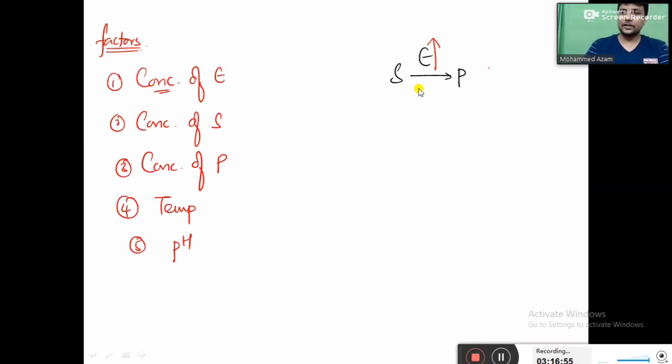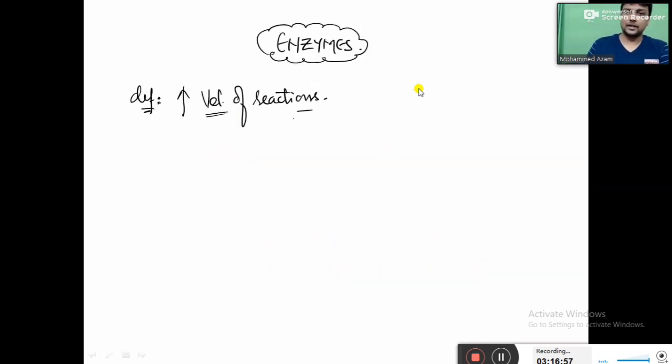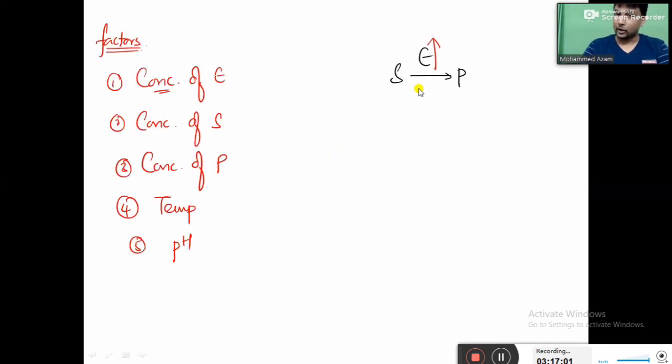From the definition itself, an enzyme is a substance which increases the velocity of the reaction. If you increase more enzyme, then more will be the velocity. So it is directly proportional to velocity of reaction, simply written as V. More the concentration of enzyme, more the velocity of reaction.